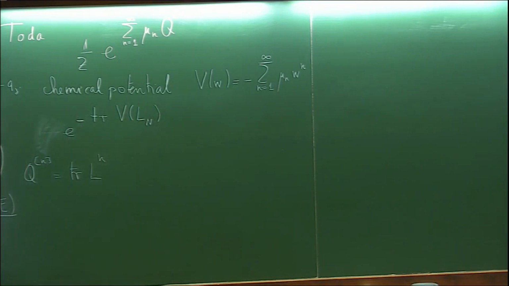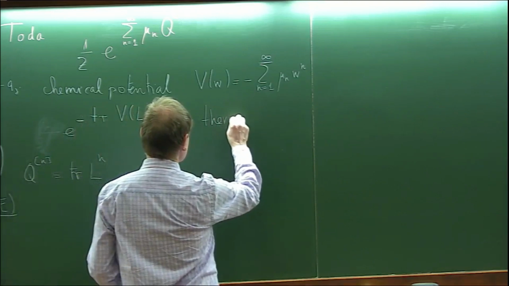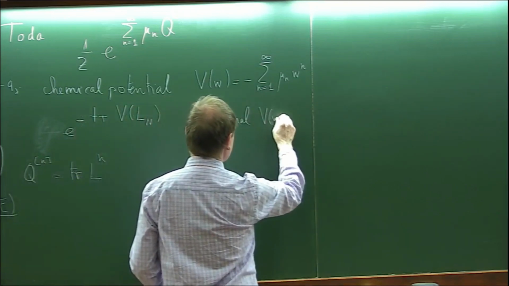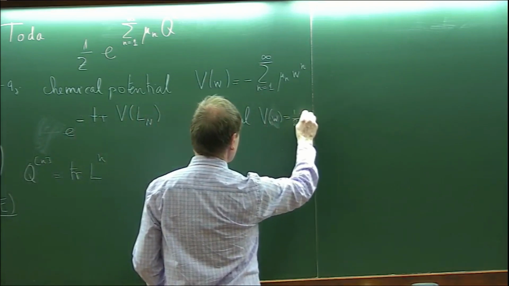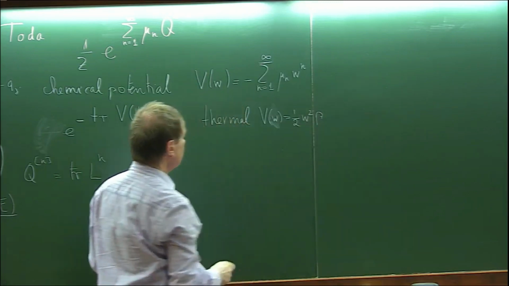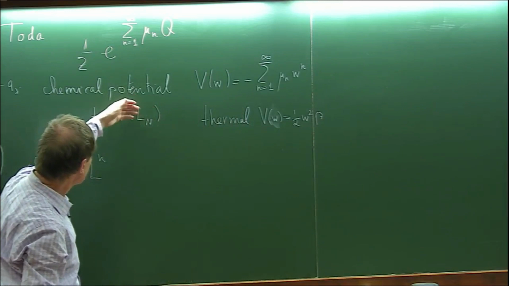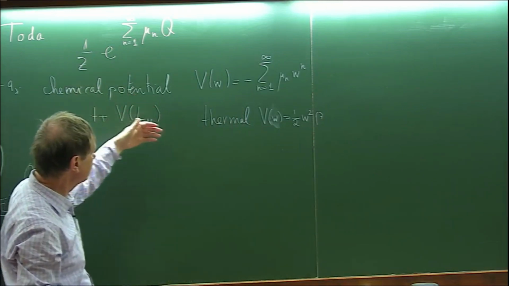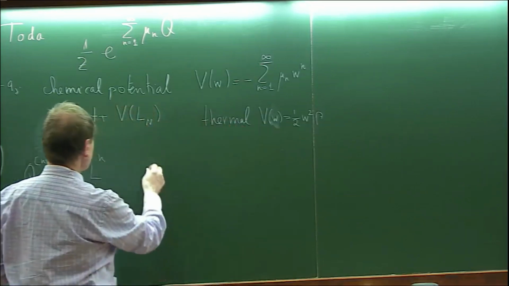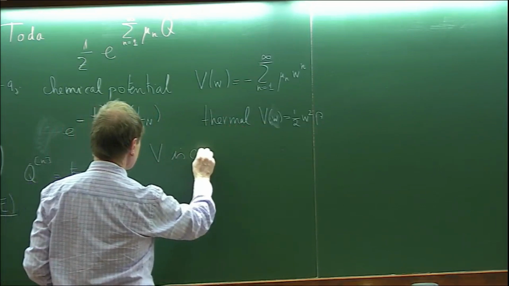In the thermal case, which is the special case where V of W is just 1/2 W squared, maybe with the beta multiplying it, you realize that in order to have a well-defined partition function, you must require that V is confining.